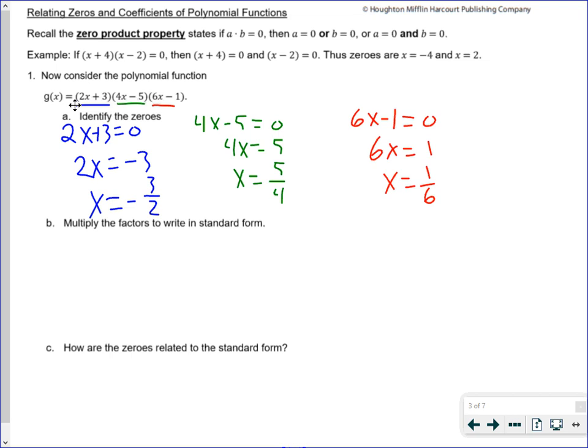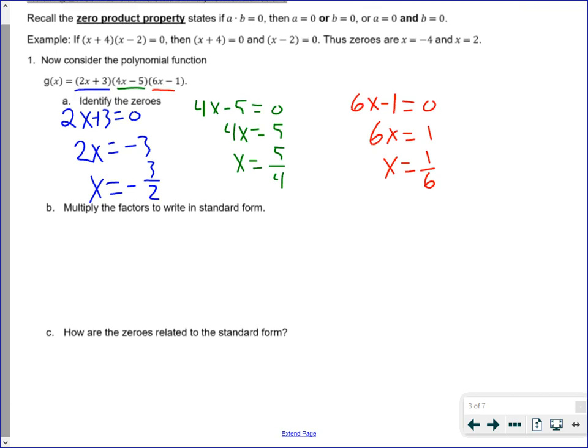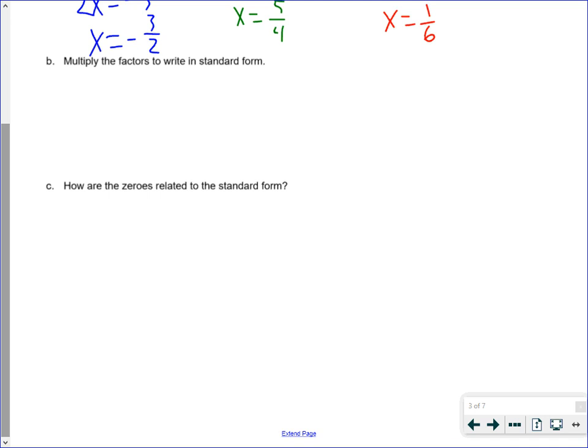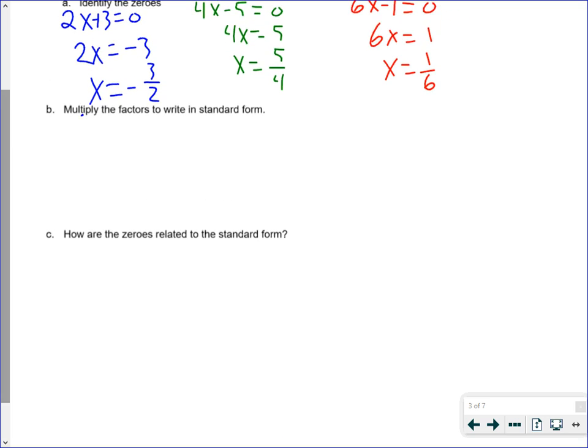So next, we're told to multiply the factors to write in standard form. So we're going to go over this relatively quickly, since we should already be comfortable with this. We have 2x plus 3 multiplied with 4x minus 5 and 6x minus 1. We're going to multiply the first two binomials together.